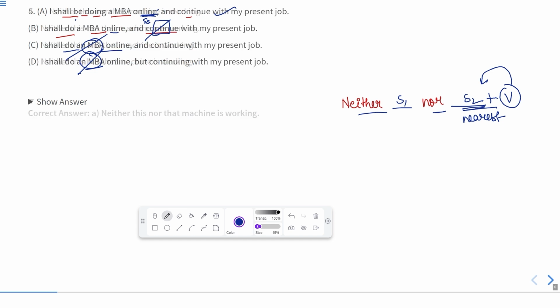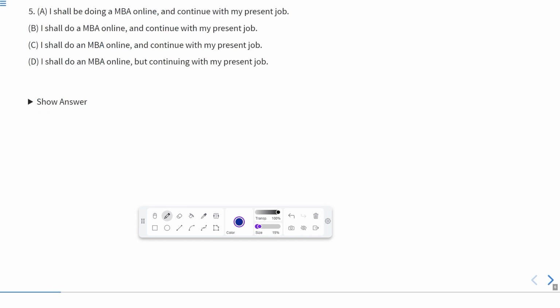Now let us move to the next one. Now let us see this sentence. I shall be doing a MBA online and continue with my present job. Now, if we talk about abbreviations, when we have to put an indefinite article, either A or AN, we have to look at the noun and see whether this noun begins with a vowel sound or a consonant sound.